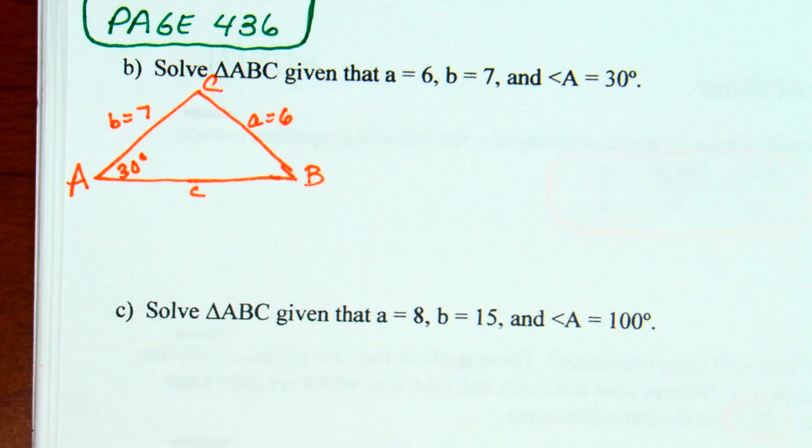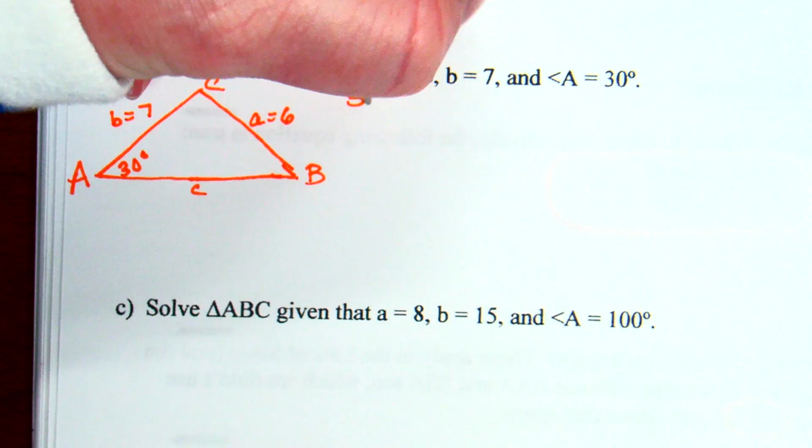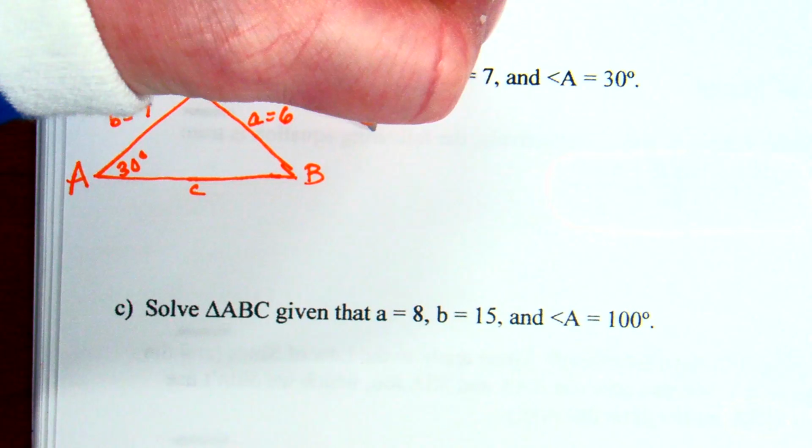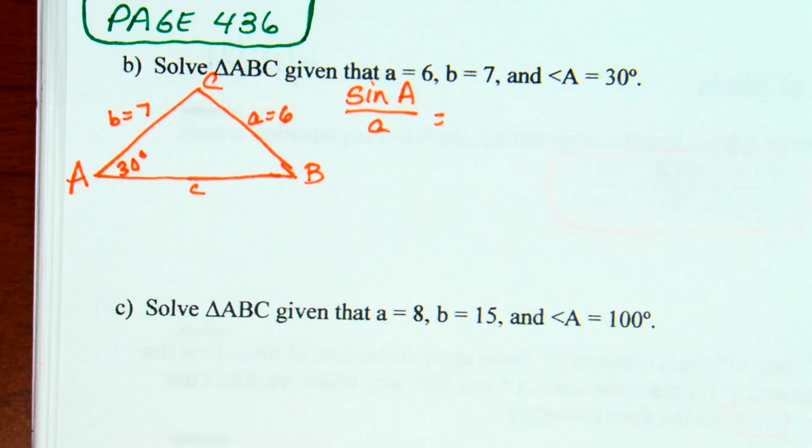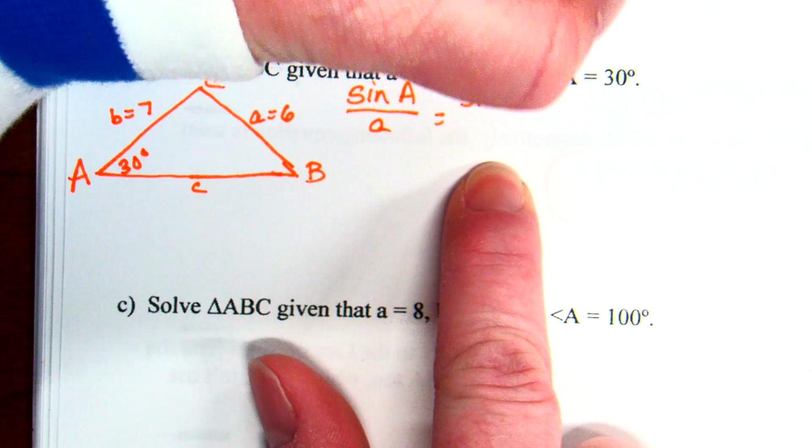That makes this B, C, and C. Okay, law of sines. Think about it from yesterday. We have side A, angle A, and side B, so we can find angle B.